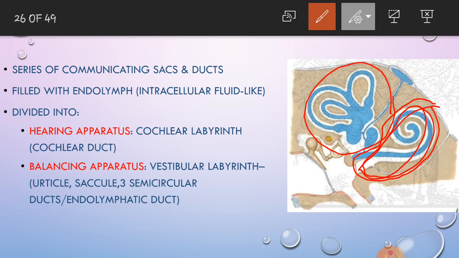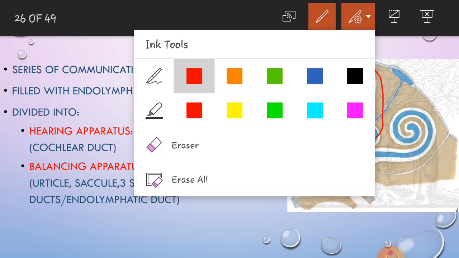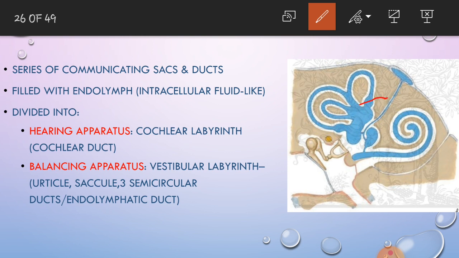Now the balancing apparatus is further subdivided into two parts. One of them is the semicircular ducts, which is meant for kinetic equilibrium or kinetic balancing, and the other part is the utricle and the saccule.